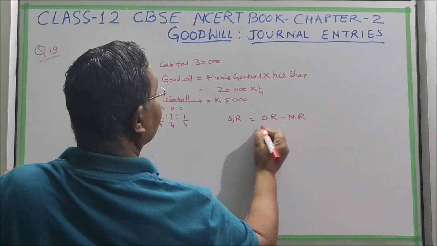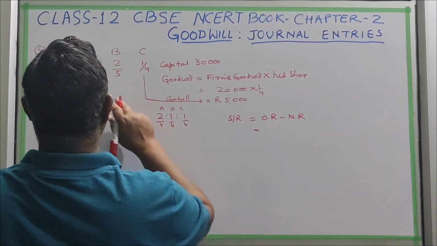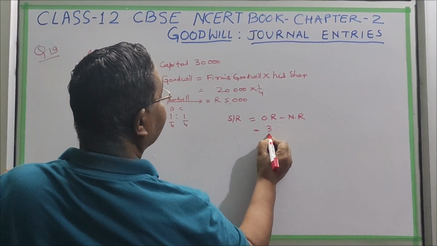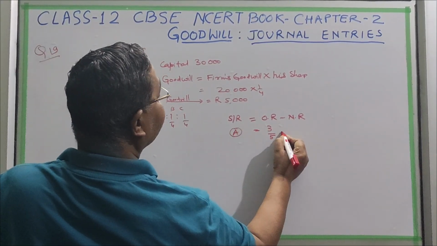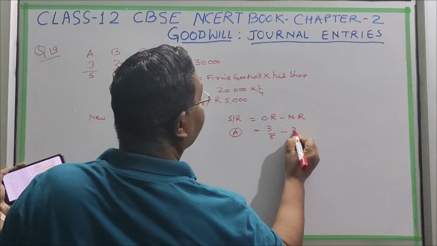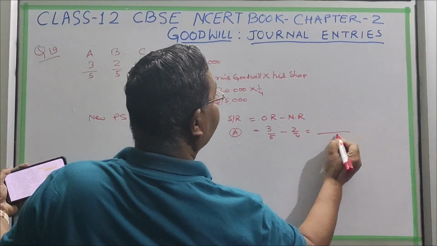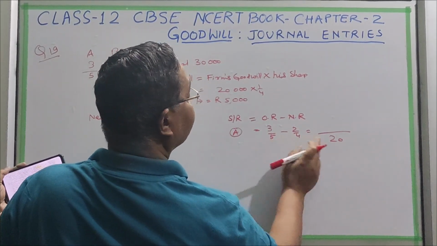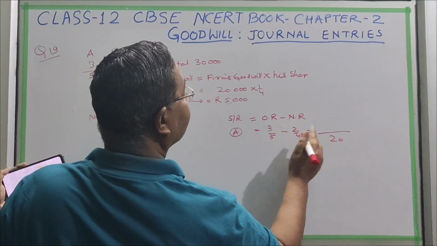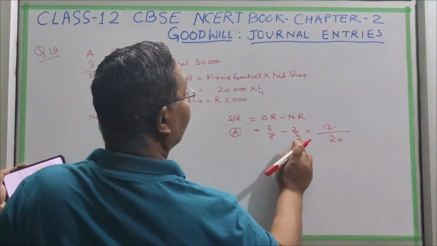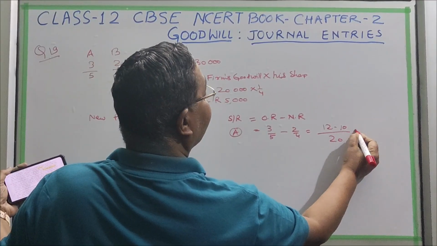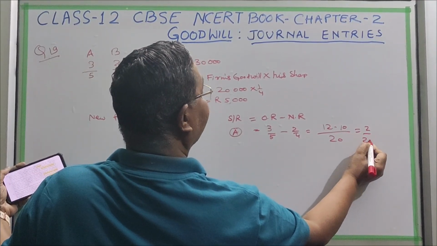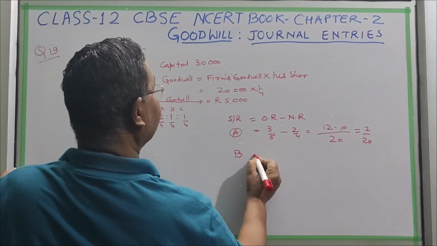The old ratio of A was 3/5 and the new ratio of A is 2/4. LCM is 20. 3 times 4 is 12 minus 5 times 2 is 10, which means 2/20. This is A's sacrifice. And how much has B sacrificed?